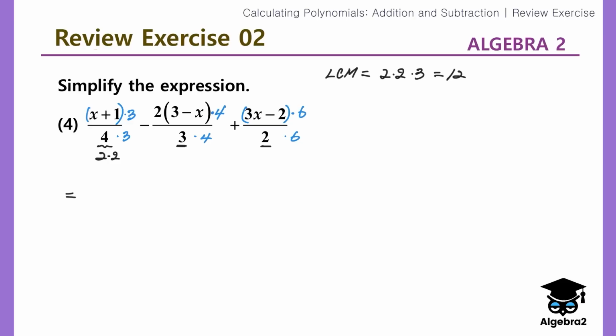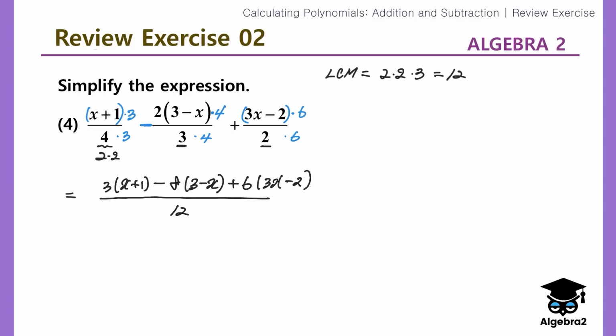Then that expression is equal to, common denominator is 12 now, and we're going to rewrite the numerators. 3 times x plus 1 minus 2 times 4, that's 8, 3 minus x plus 6 times 3x minus 2. Right?